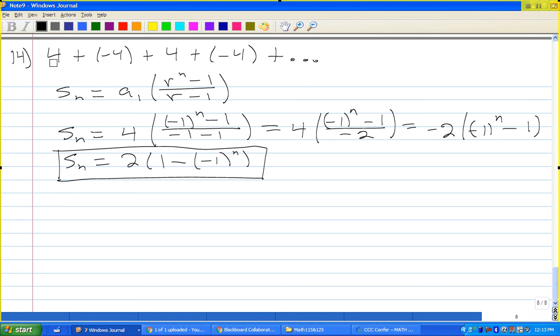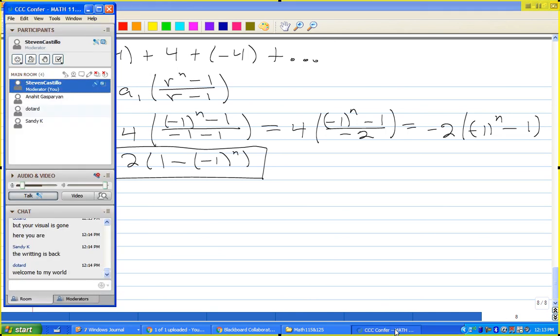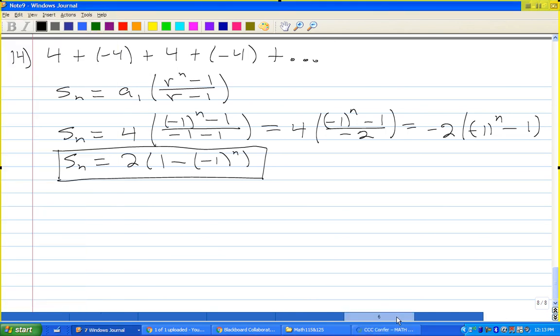So if I add an odd number of terms, just this first term, or maybe the first 3 terms, I get a sum of 4. But if I add an even number of terms, I always get 0. So the sum of an even number of terms is 0. The sum of an odd number of terms is 4.